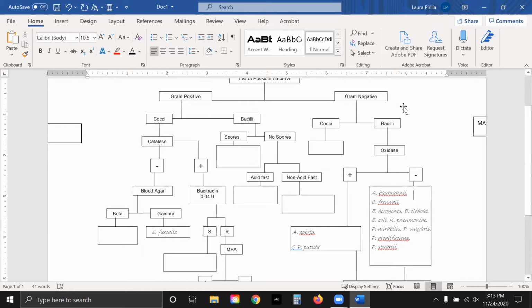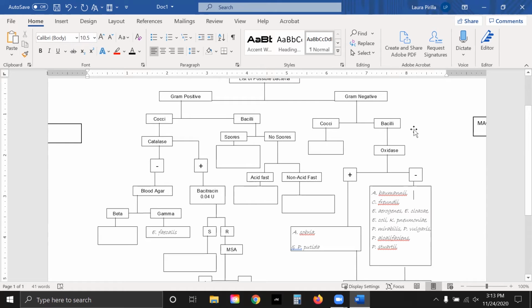And then you said you wanted to do some MacConkey agar. Well, knowing what you know about MacConkey agar, would that have gram positive or would that have gram negative growing on it?